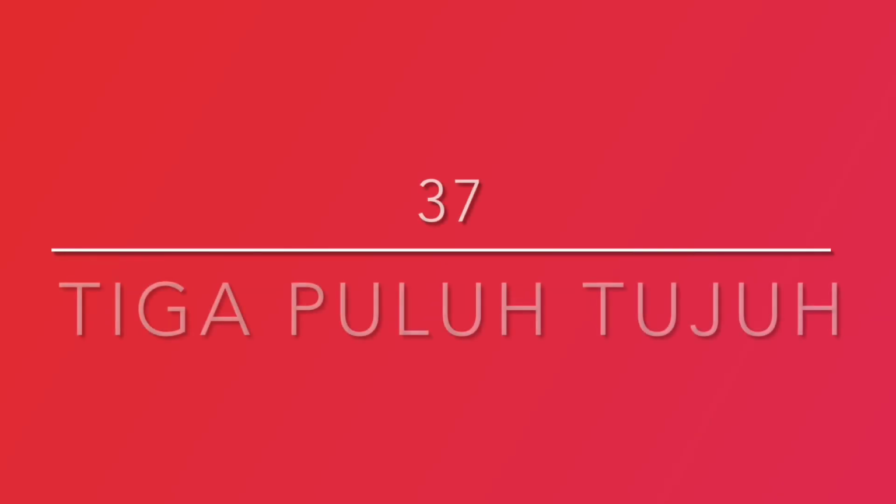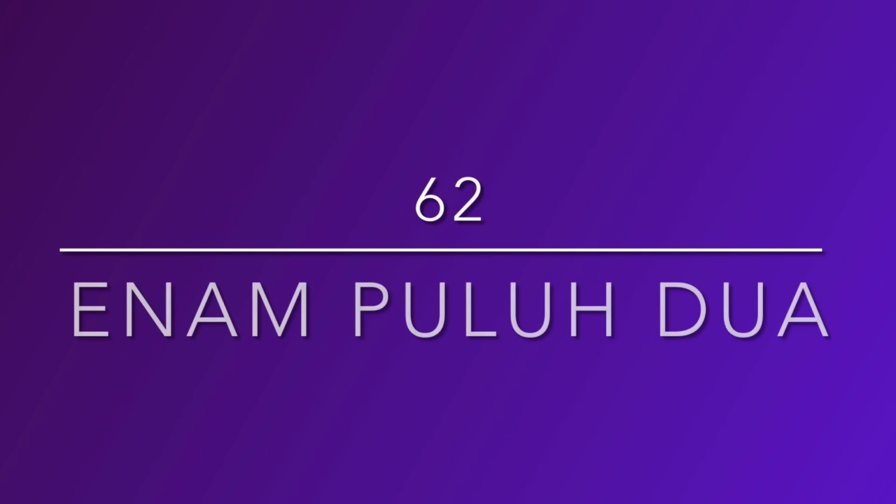The Indonesian word for 37 is tiga puluh tujuh. 62 is enam puluh dua.